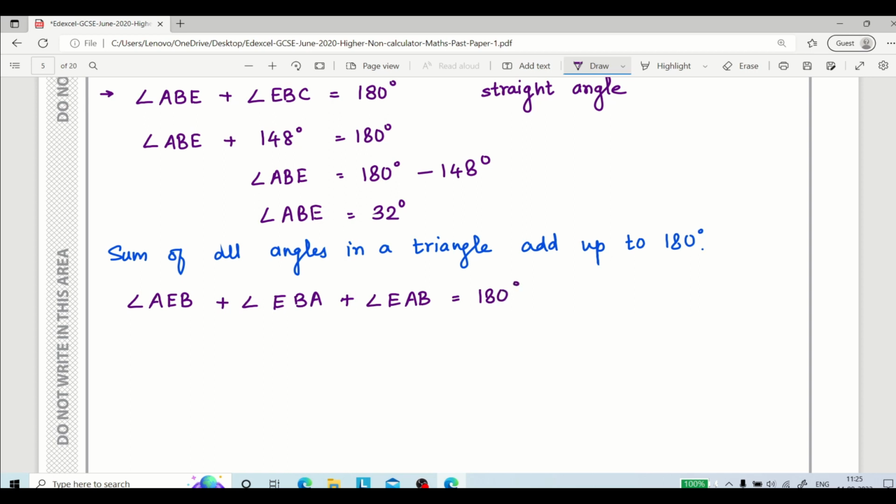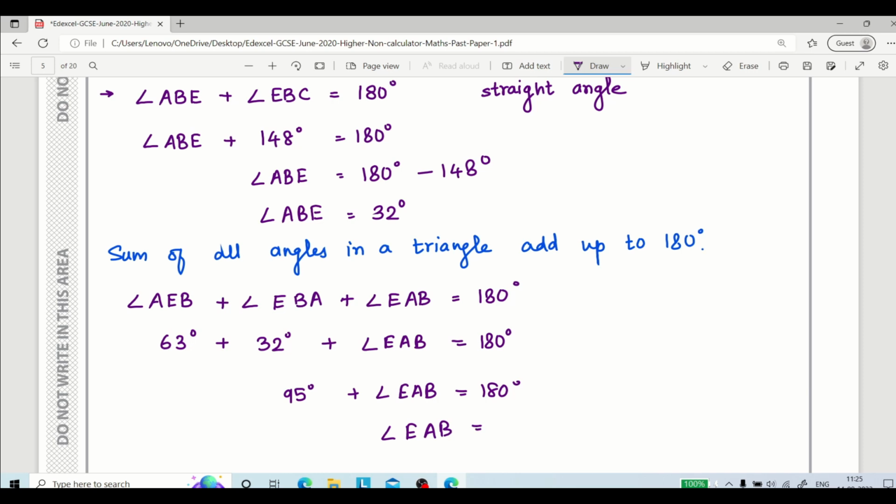So that will give you 63 degrees plus 32 degrees plus angle EAB equals 180 degrees. If you add this up, you must get 95 degrees. That gives you angle EAB equal to 180 minus 95.